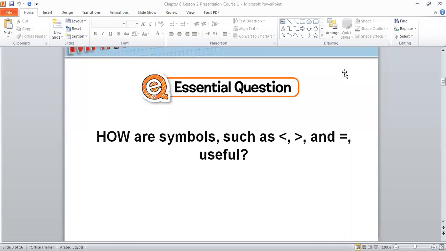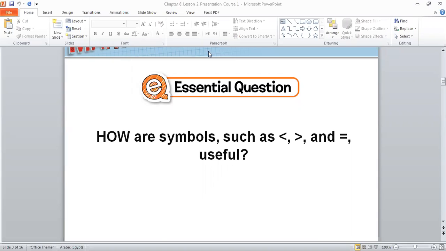Grade 6. If you need to speak, please raise your hand. Don't sit. After I go, I write. So the essential question: how are symbols such as less than, greater than, and equal useful?